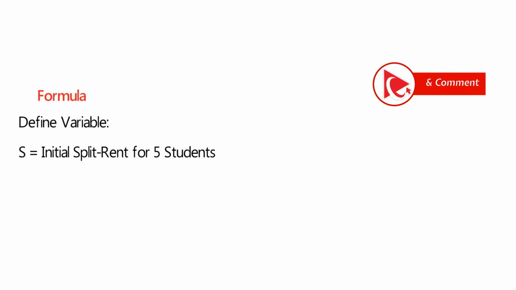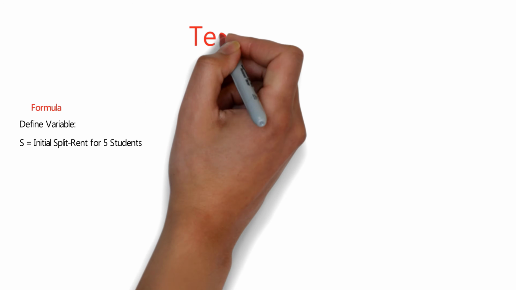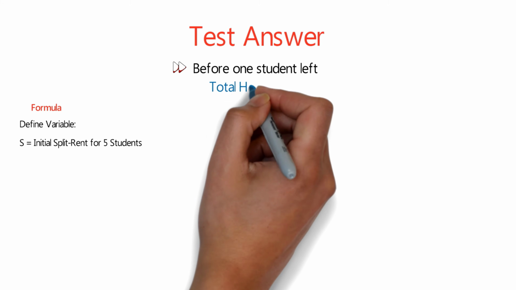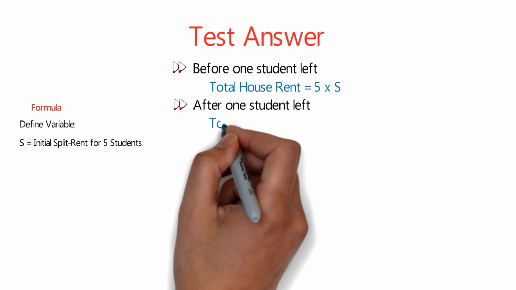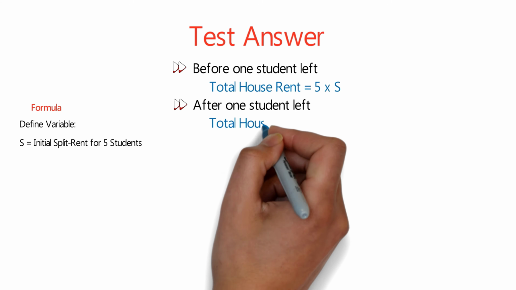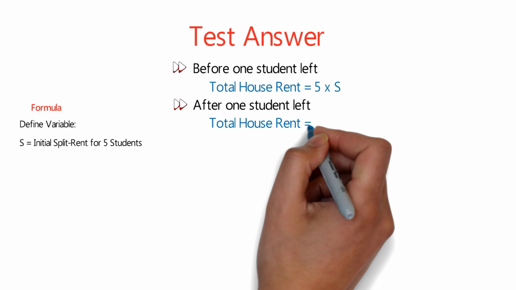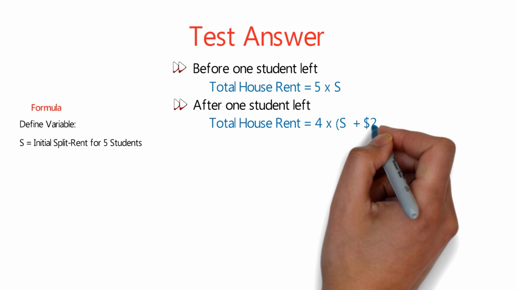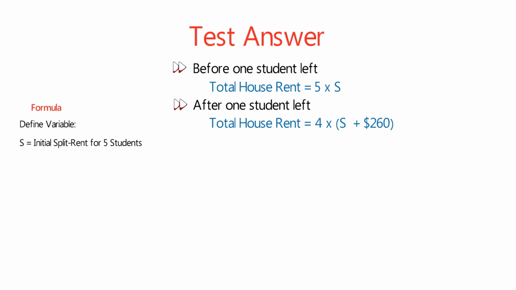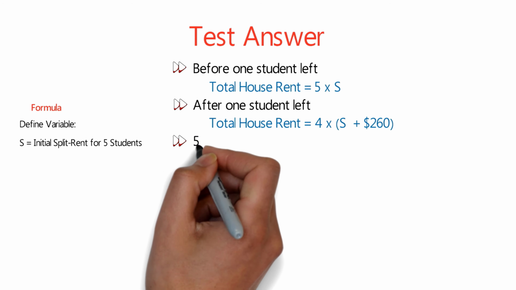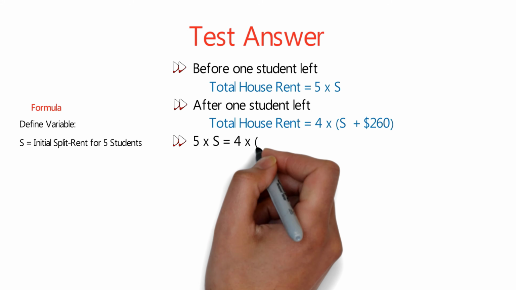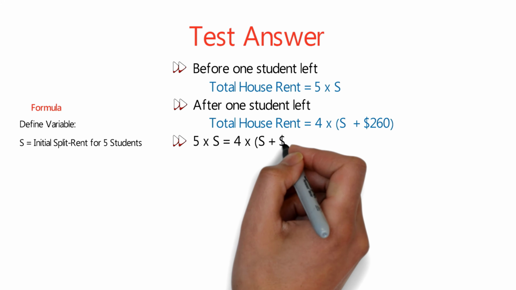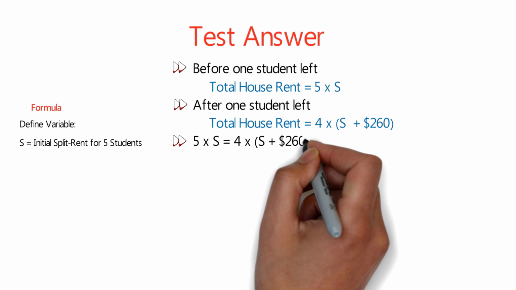So, using this formula, we can calculate the total house rent as 5 multiplied by S, which means that after one student left, the total house rent could also be calculated as 4 multiplied by the value in parentheses S plus $260. Using both approaches, we can create an expression. 5 multiplied by S equals 4 multiplied by the value in parentheses S plus $260.